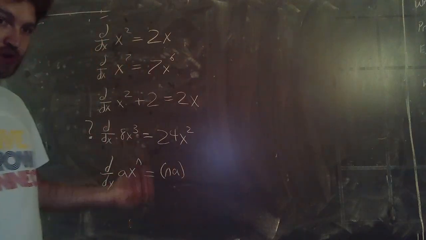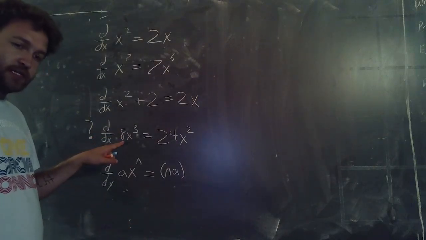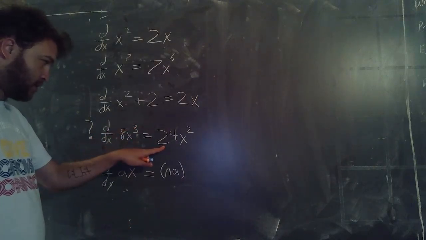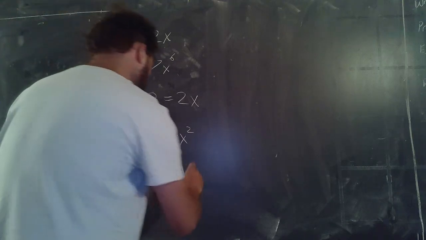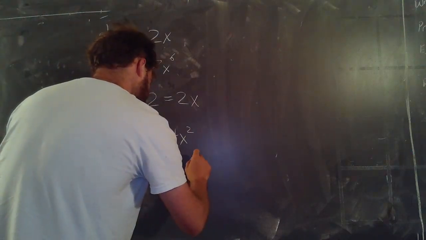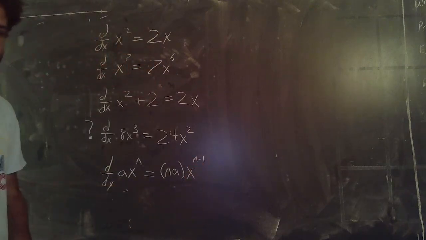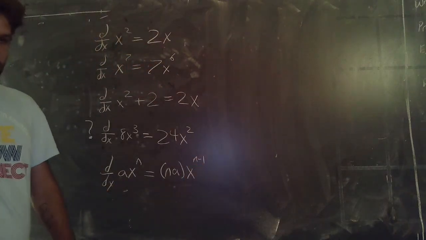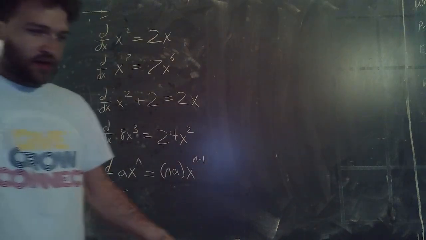In other words, the power drops down just like it did before, but it multiplies whatever number is here. 3 times 8 is 24, and then we drop the power by 1 just like we did before. So we'll have n times a times x to the power n minus 1, and this is an updated version of our general power rule.